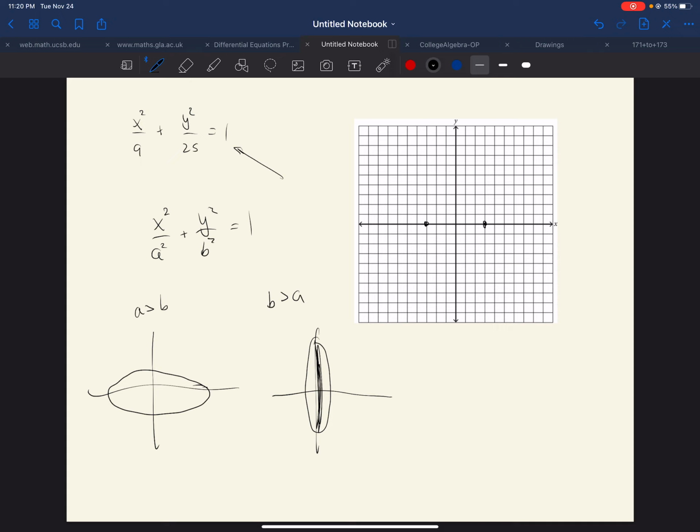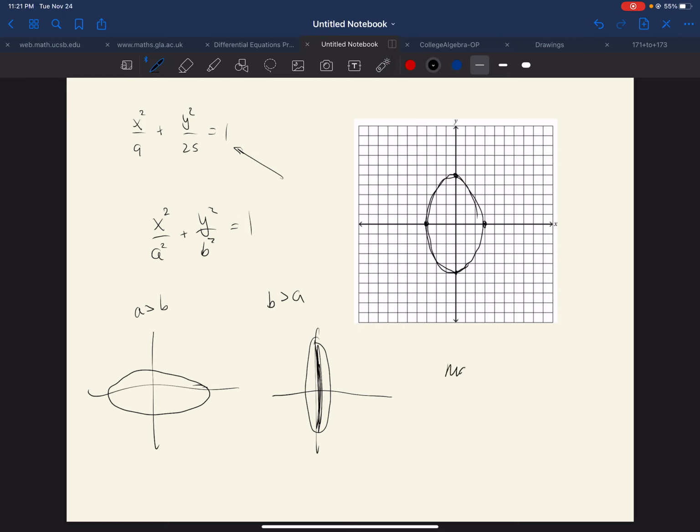And under the y, the square root is 5, so we go 1, 2, 3, 4, 5, and 1, 2, 3, 4, 5, right there. And I'm now going to sketch in that oval right there. I can see that the larger number was under the y, and so it's stretched more in the y direction. That means that's the major axis.